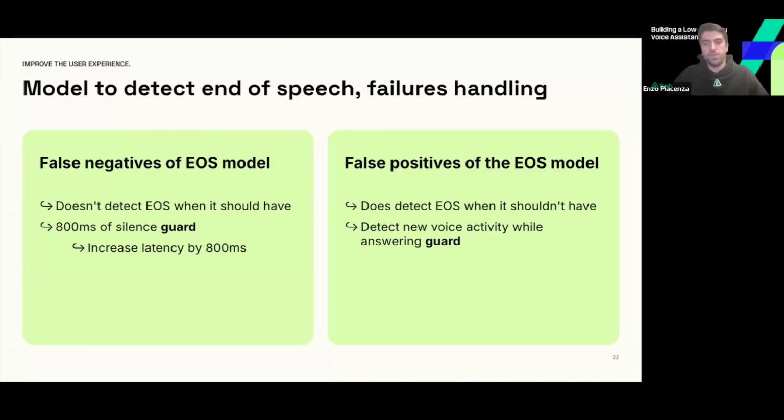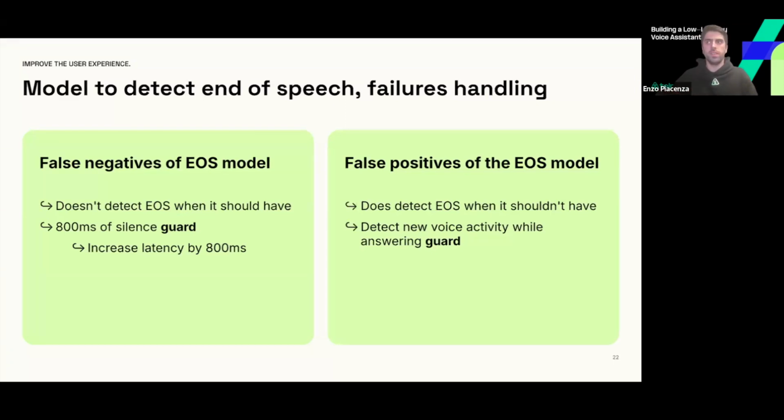And the other one was the false positive. It means we detect end of speech when we shouldn't have. What we've done for that is, for example, if we say it's an end of speech, so we start to process the response, and then you speak again, we are going to delete whatever we were doing and start again.